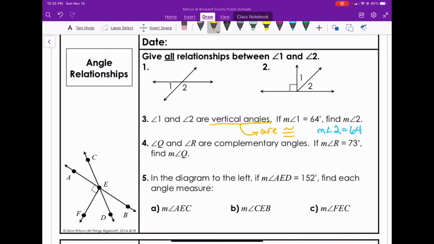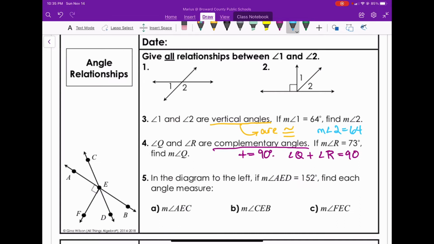Number 4, angle Q and angle R are complementary angles. If angle R is 73 degrees, find the measure of angle Q. Well, complementary means that they add to equal 90 degrees. So angle Q plus angle R equals 90.